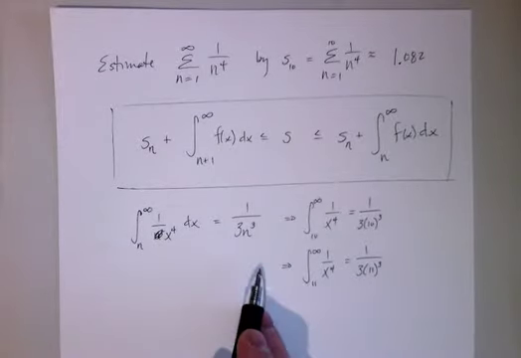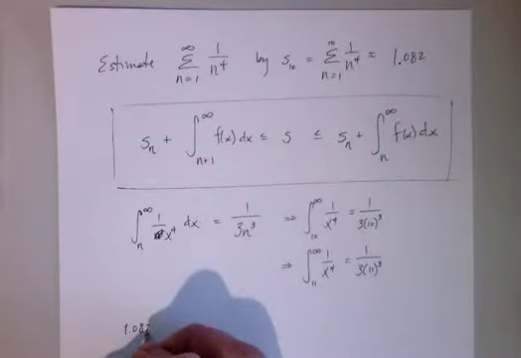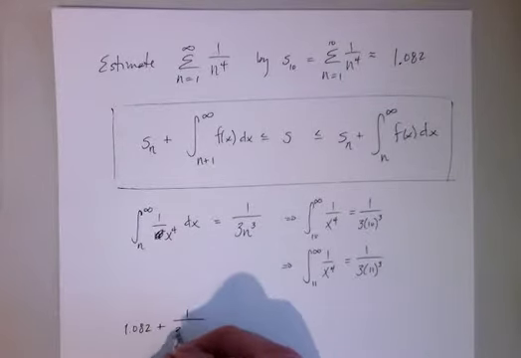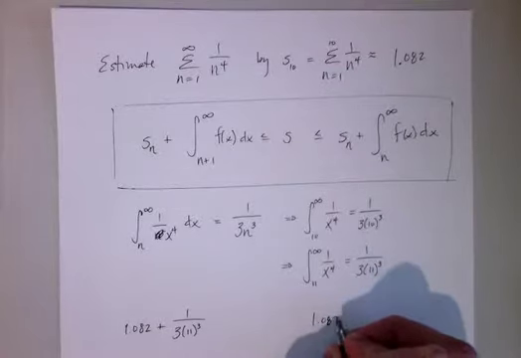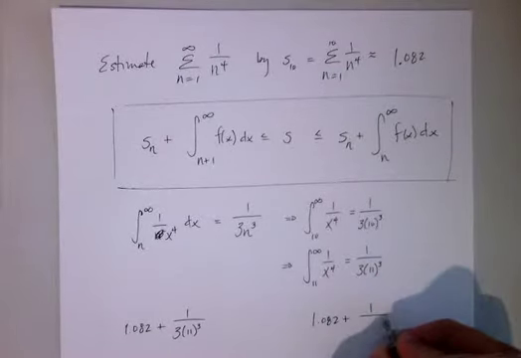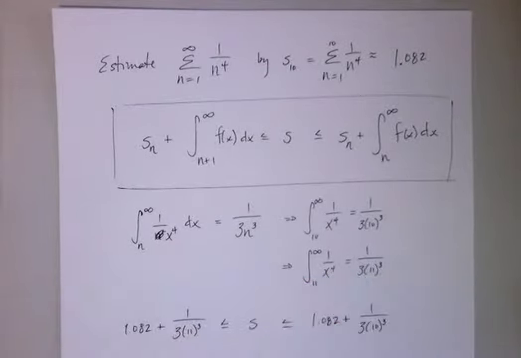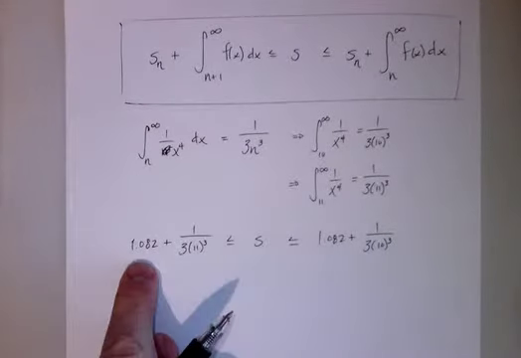So what this really means is that the s sub 10, the approximation, plus 1 over 3 times 11 cubed, and then the approximation plus 1 over 3 times 10 cubed, those sandwich the actual value. And of course, 1.08 is an approximation.